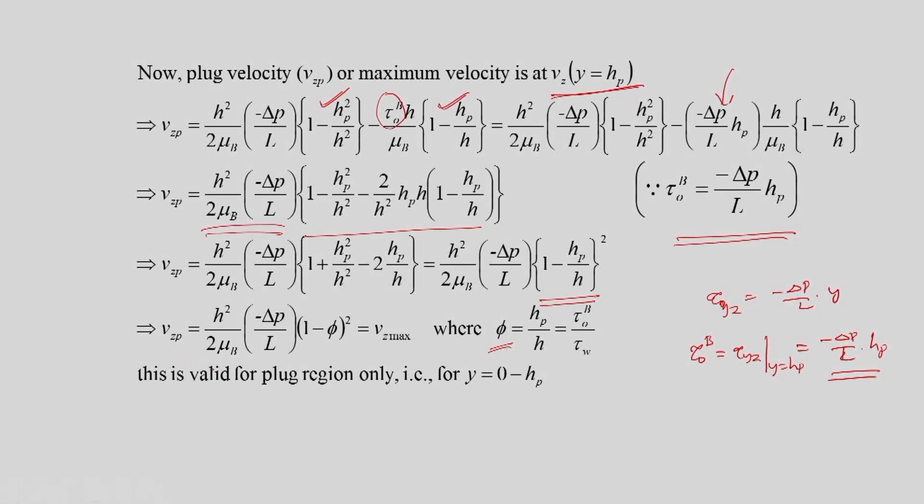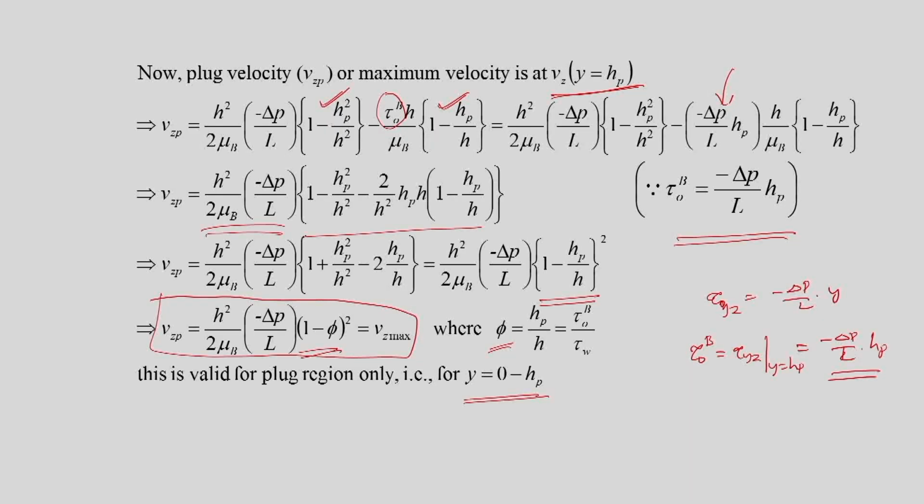Then V z p equals h square by 2 mu b minus delta p by L multiplied by 1 minus pi square. This is V z p, the maximum velocity, and it is valid for the non-shearing zone, the material flowing like a solid plug, between y equals 0 to h p.